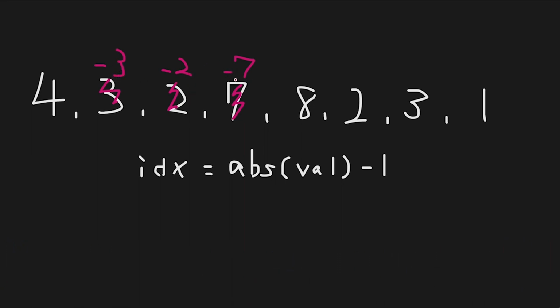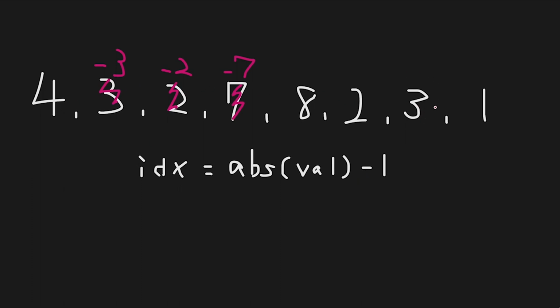Again, index 1, 2, 3 is already negative, but we don't have to care about that because we always get the absolute value. So minus 7, the absolute value of minus 7 is 7, and 7 minus 1 is 6. So 0, 1, 2, 3, 4, 5, 6.